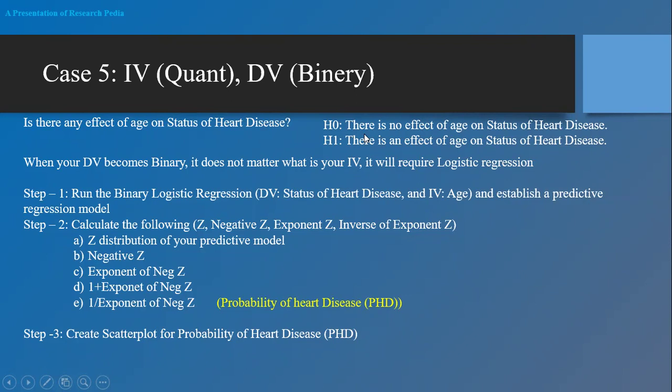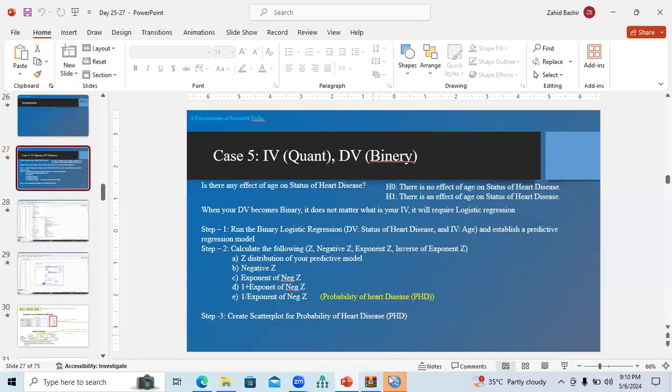So our null hypothesis is there is no effect of age on status of heart disease. And our alternative hypothesis is there is an effect of age on status of heart disease. So we need to establish a predictive model first. The remaining process I will let you know.